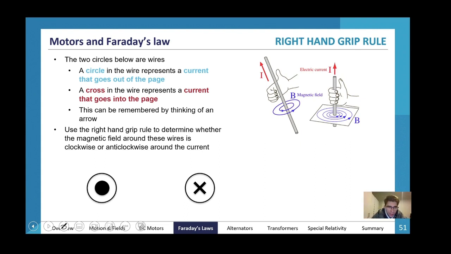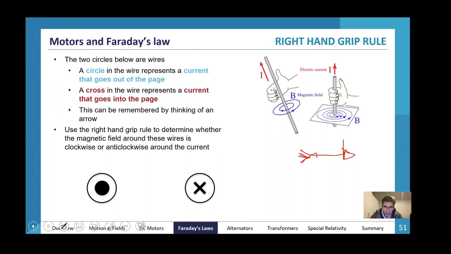So, let me explain it a little bit more again. If you think of an arrow that archers used to shoot, right? It has feathers and it has this metal triangular piece at the front.